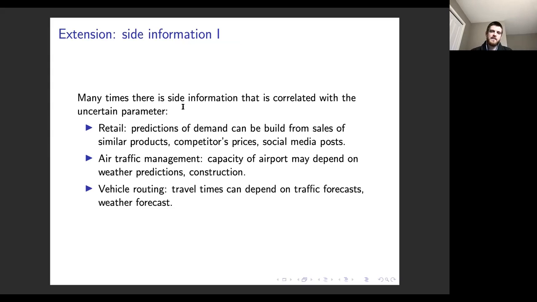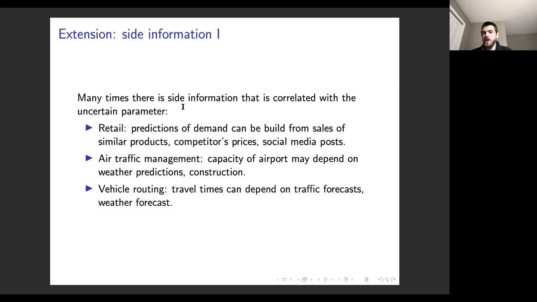But in practice, there's a complication, which is that a lot of times you don't just have your uncertain parameter by itself. A lot of times you have contextual information, or what we're going to call side information. And this information is correlated with the uncertain parameter. So it gives you some information about the distribution. So if you think back to the retail example, if you're trying to predict customer demand, you can maybe build a predictive model out of data based on, say, sales of similar products or competitors' prices, or potentially non-traditional data sources.